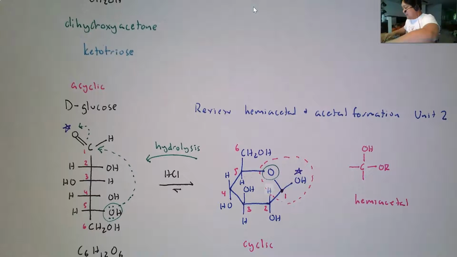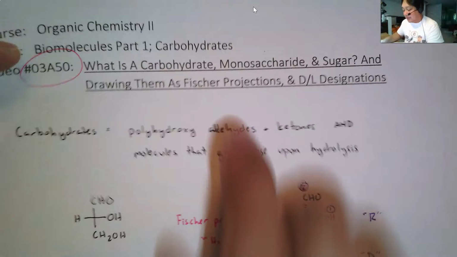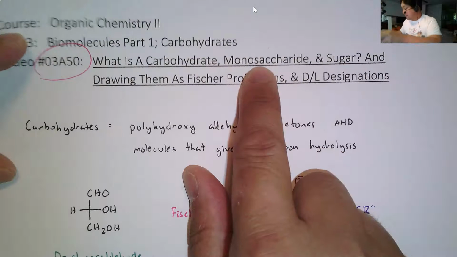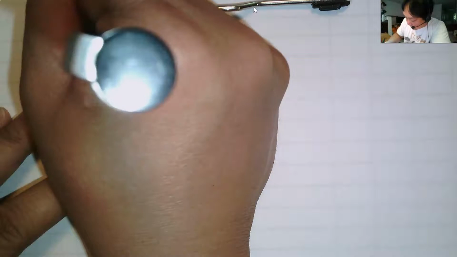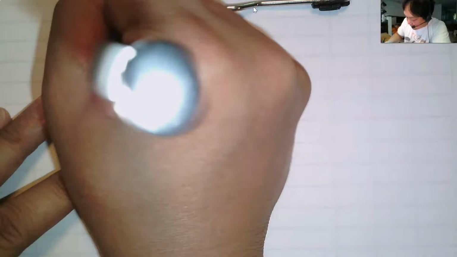All right. What are the other definitions, though, that I want to go over? Monosaccharide. A monosaccharide is a carbohydrate that only has one carbonyl group. And then I messed up the spelling. There are 2 C's in saccharide.